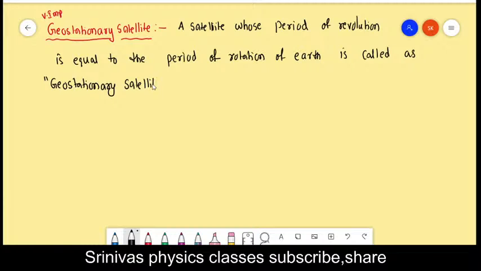A geostationary satellite is a satellite, right? And how does it revolve? I will explain very carefully. This is the earth.